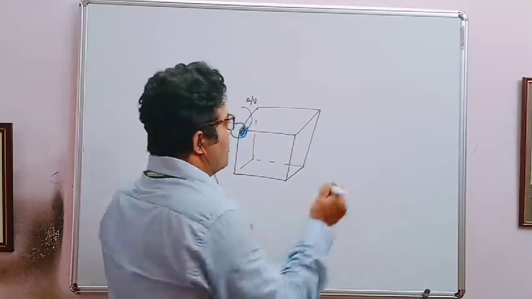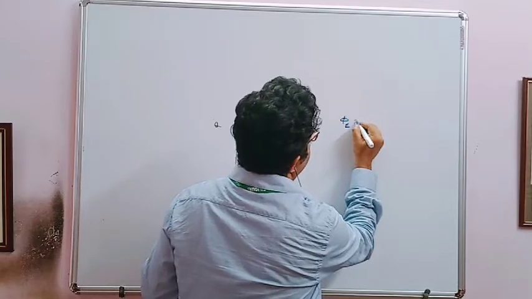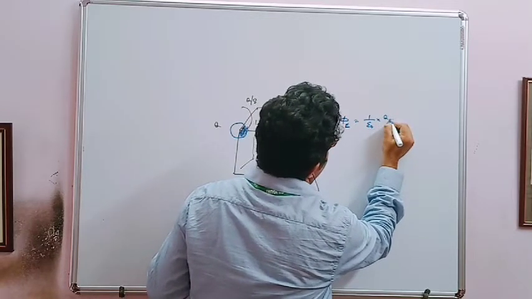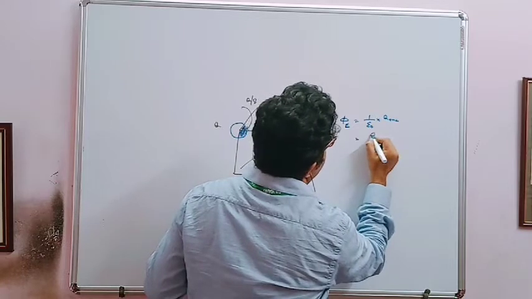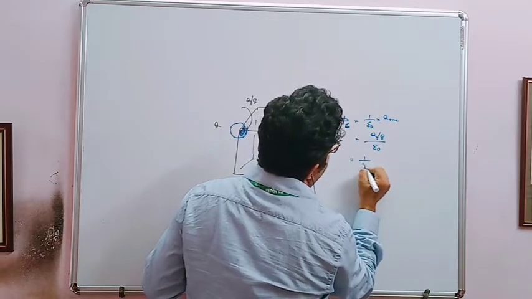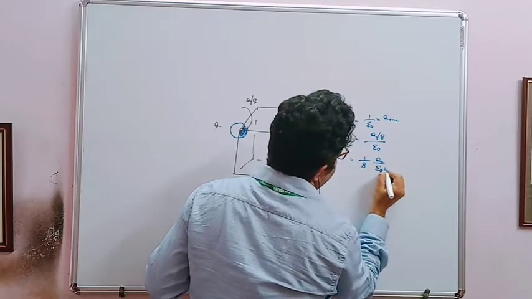So your flux is how much? Your flux is 1 by epsilon naught into Q enclosed, and now Q enclosed is Q by 8, that is 1 by 8 Q by epsilon naught.